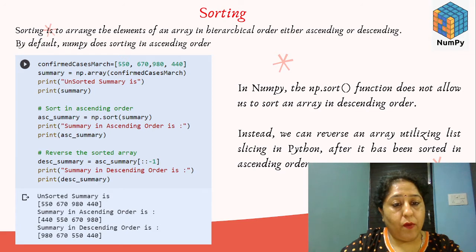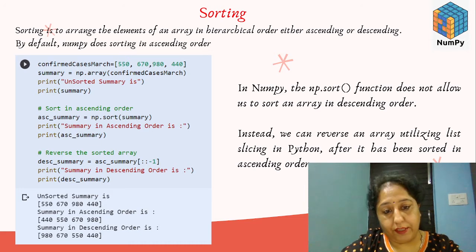That means once you have obtained the ascending order array, that is asc_summary, you do slicing by using the square brackets and you reverse the entire array with colon, colon, -1, which gives the reverse array. So your output will be 980, 670, 550 and 440.